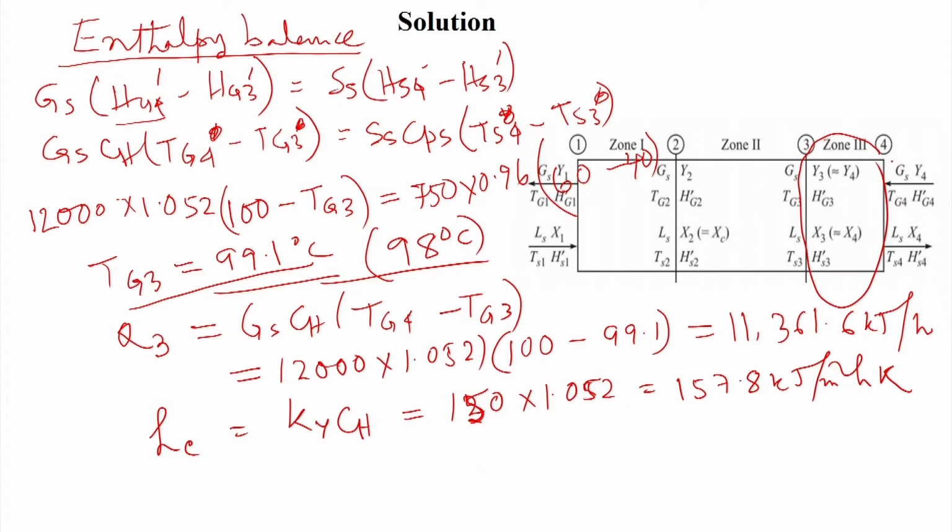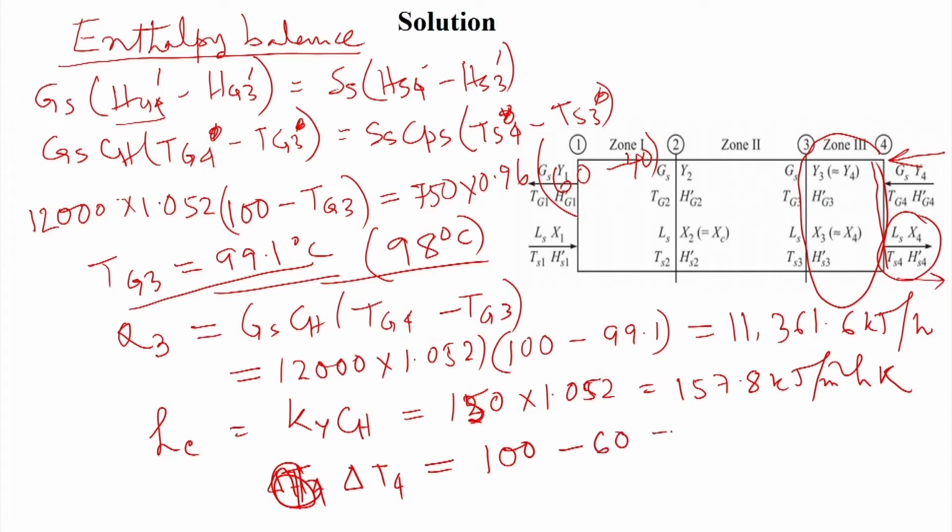At station 4, where the hot drying solid is exiting and the drying gas is entering, delta T4 is equal to 100 minus 60, so this is 40 degree Celsius. And in station 3 the temperature driving force delta T3 is equal to 99.1 minus 40, so it is 59.1 degree Celsius.